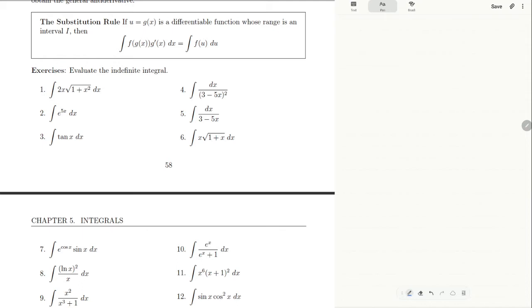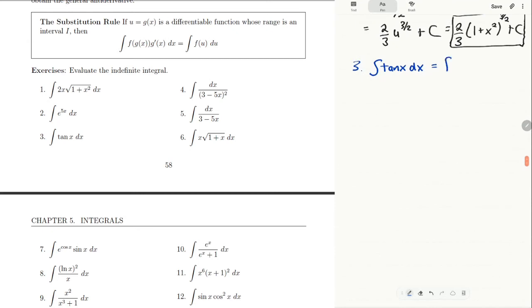So now let's have a look at the third example. We have the integral of the tan of x. We know that the tan of x is equal to the sine of x over cosine of x.